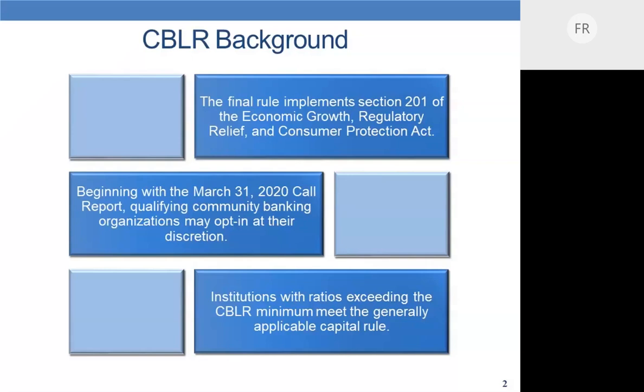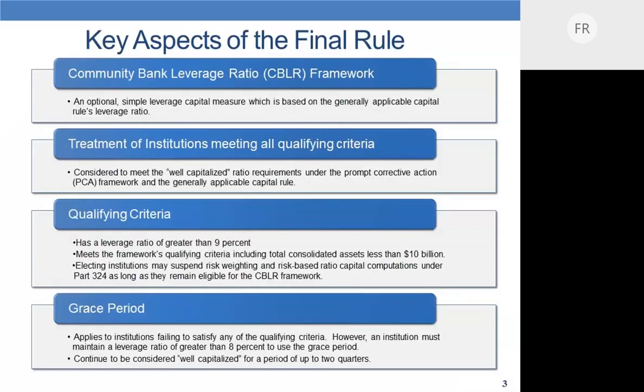On slide 3, we present a few of the key aspects of the final rule. Let's start with a reminder that the Community Bank Leverage Ratio Framework is an optional, simple leverage capital measure which is generally calculated the same as the generally applicable capital rules leverage ratio.